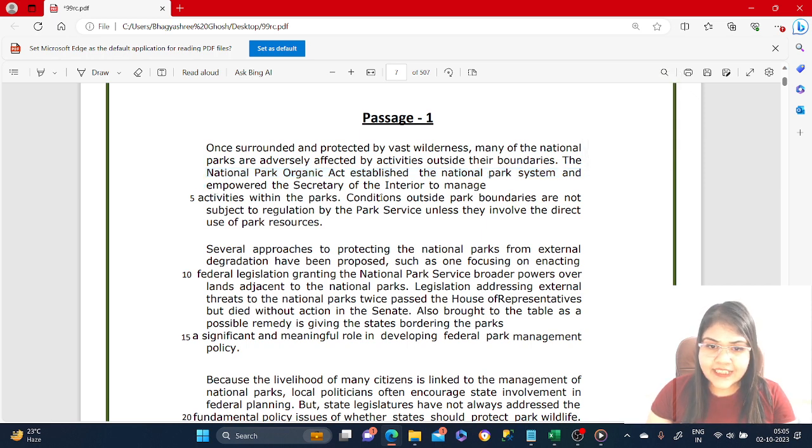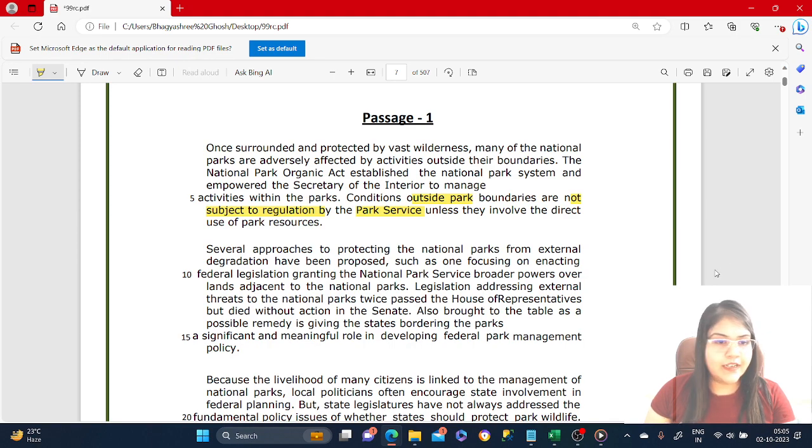So conditions outside the park are not subjected to regulation by the park service. So the act empowered to regulate what is there inside the boundary of the park but not outside. So this is something useful.